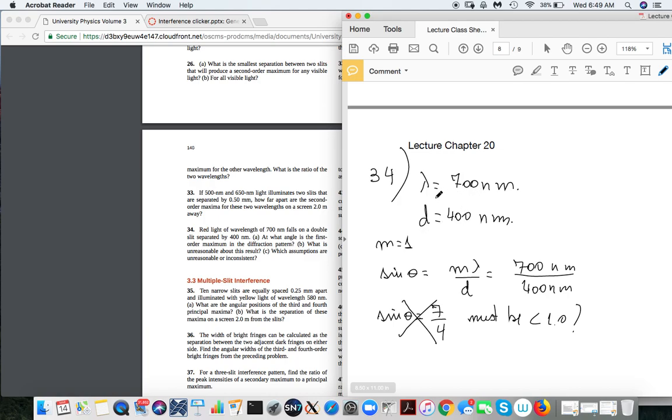to have interference, the wavelength must be at the size of or less than the separation between the slits. Otherwise, there is no interference, right? That's why there is no interference if you have white light going through your window or two of your windows, because the separation is too big here.